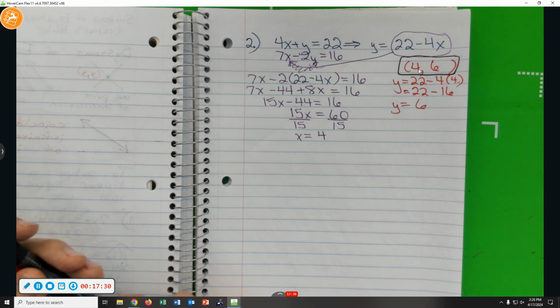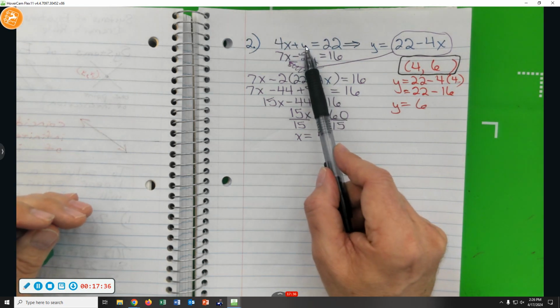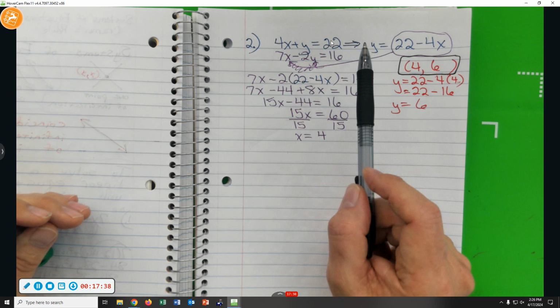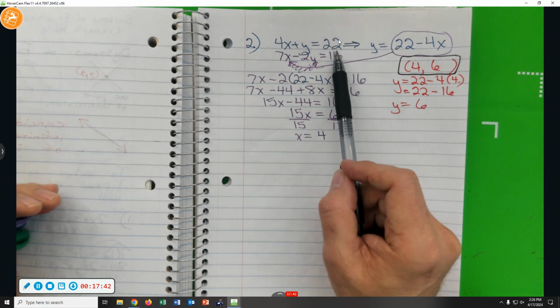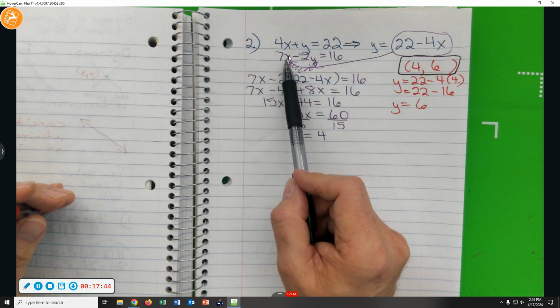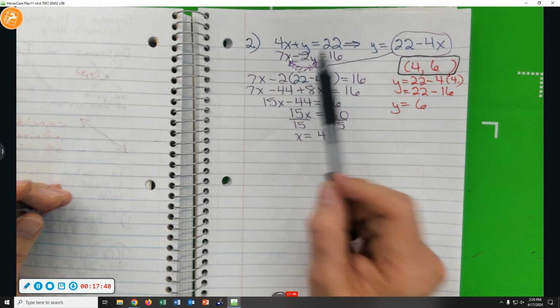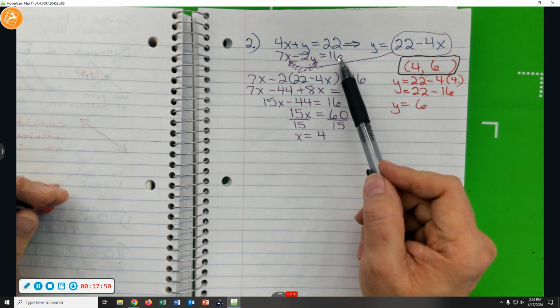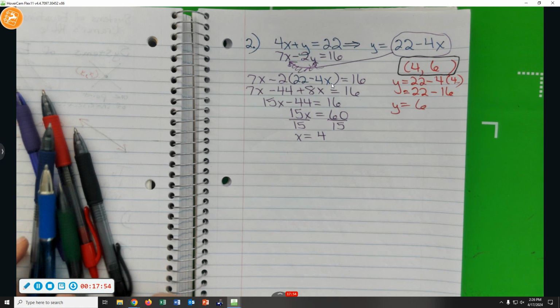If you plug a 4 in for x and a 6 for y, what are you going to get on the right-hand side? What had you better get? 22. If you plug in a 4 here and a 6 there, 28 minus 12, what had you better get? 16. So these are pretty easy to check.